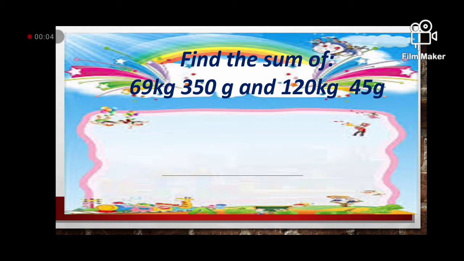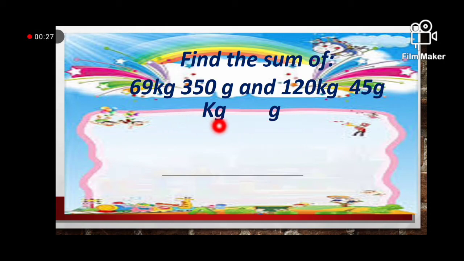Now find the sum of 69 kilograms and 350 grams, and 120 kilograms and 45 grams. Now we have to add these two weights. First we will write the units, the kilogram and grams.